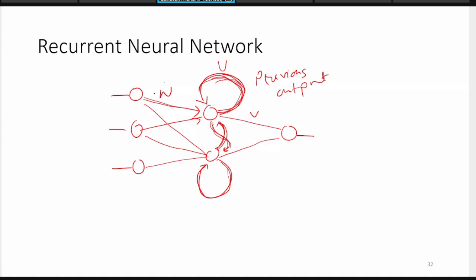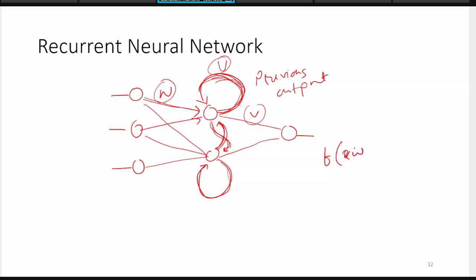So you are going to have one extra parameter in the case of a recurrent neural network. So in the multilayer perceptron, if you remember, inside the activation function, what I was having was XW, right?